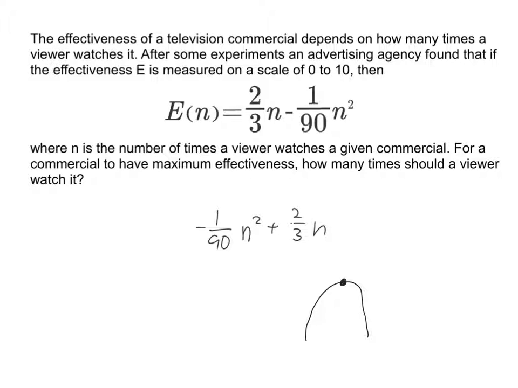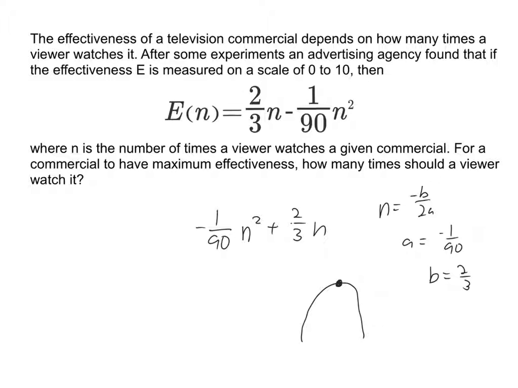And as we remember, a maximum is, in this case, n = −b/2a. Well, a in our case is −1/90, and b is 2/3.